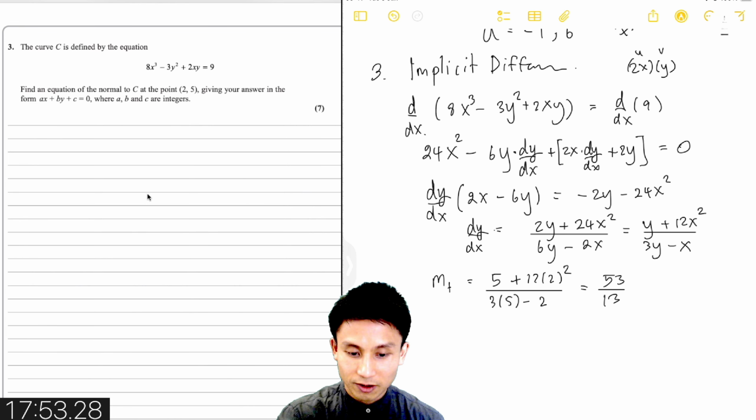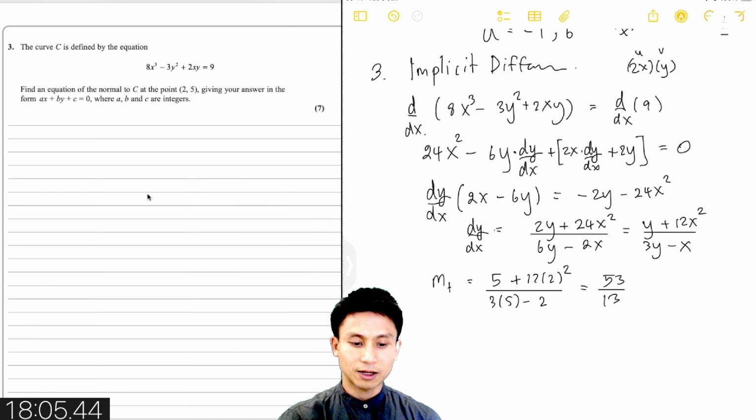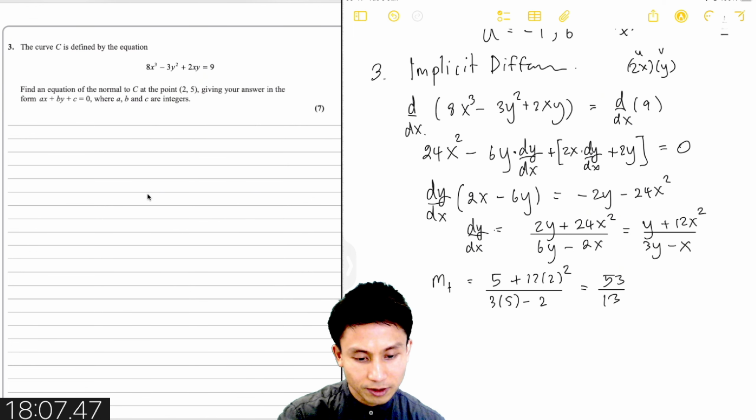So if I differentiate, yeah, I think I'm happy with that. Factorizing dy by dx out. Moving that to the other side.